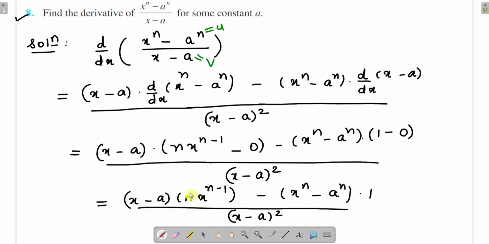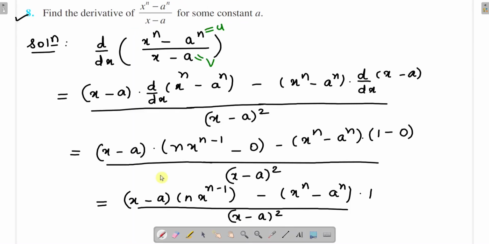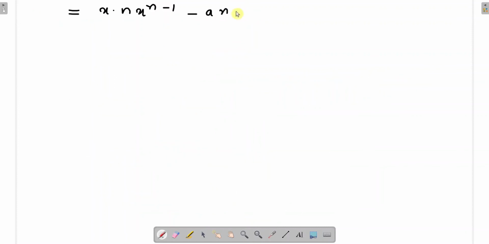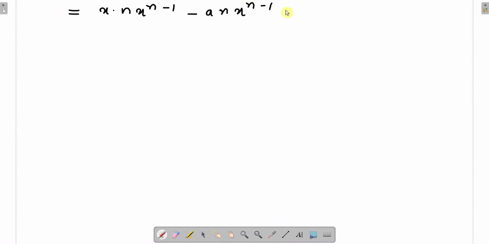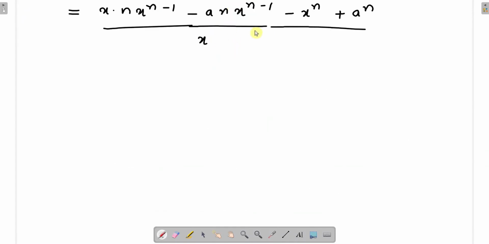So you will get x times n x raised to n minus 1, then minus a times n x raised to n minus 1 will be minus a n x raised to n minus 1, right? Then minus of x raised to n, and minus of minus a raised to n is plus a raised to n, right? This is divided by x minus a the whole square.